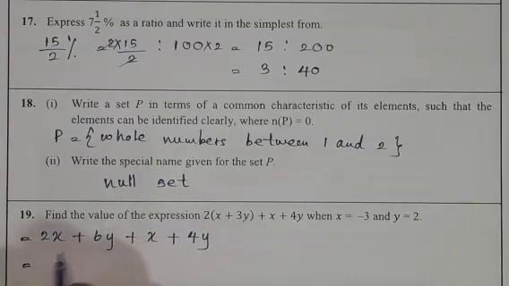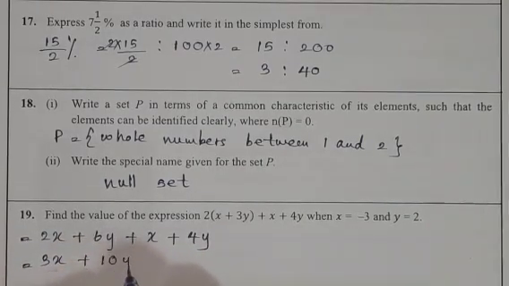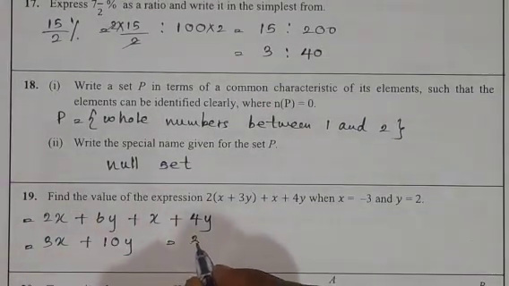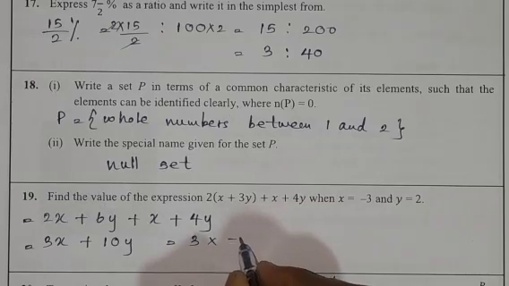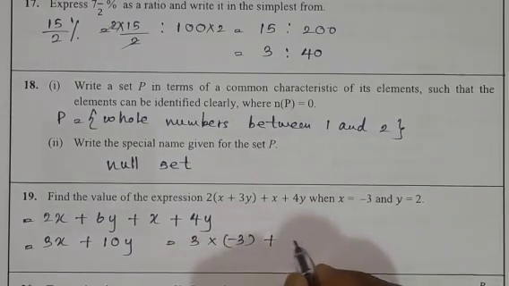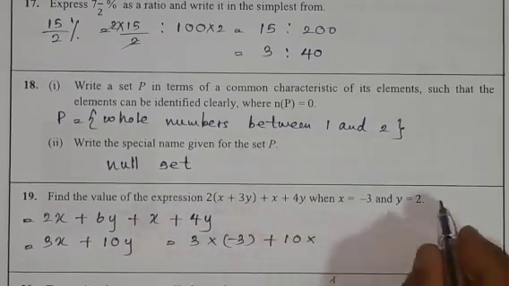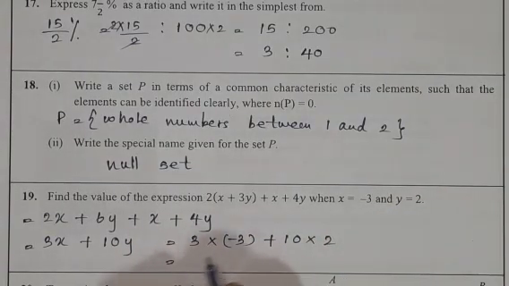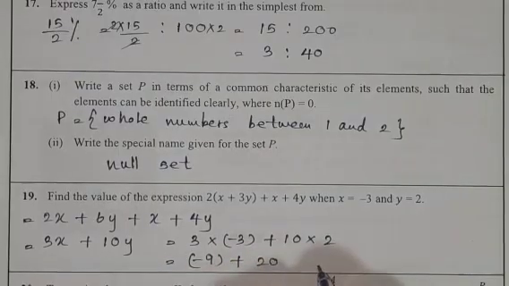Let's do the simplification. 2x plus x is 3x plus 10y. Now let's do the substitution. 3 times x is minus 3 plus 10 times y is 2. 3 times minus 3 is minus 9 plus 20. 20 minus 9. The answer is 11.